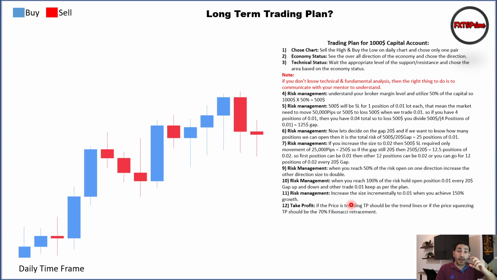So what we are doing here, we are going to close the two trades or the three trades or the four, five, six or seven trades in the middle of those positions. So I have a price of $2,000 and I have reached, let's say, $2,050.